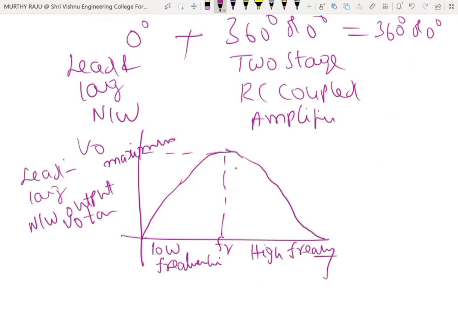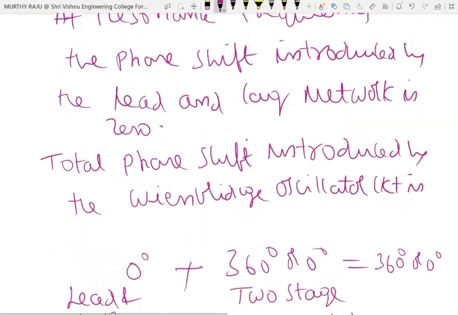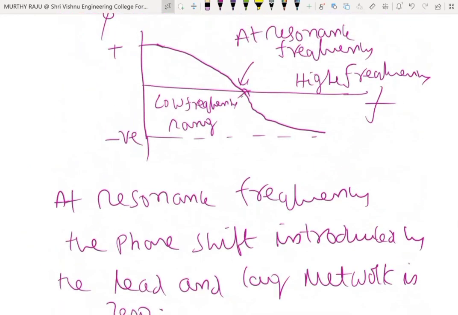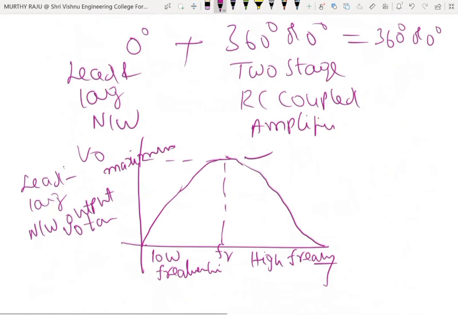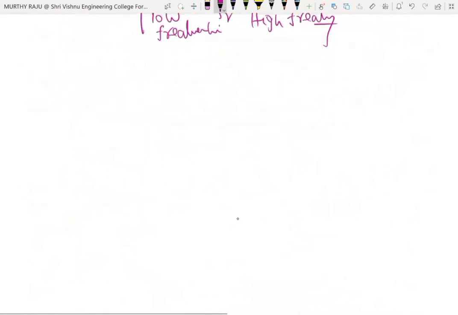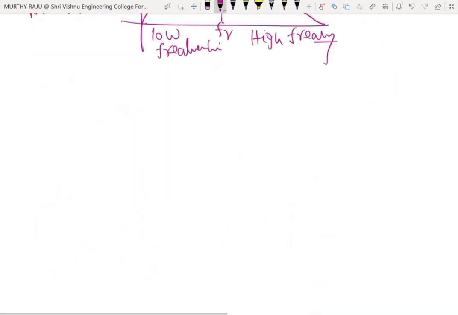Two important characteristics of the lead lag network, or feedback network, in the Wien bridge oscillator are: at resonance frequency, output voltage is maximum, and at resonance frequency, phase shift is 0. These two are very important characteristics of the feedback network used in Wien bridge oscillators.